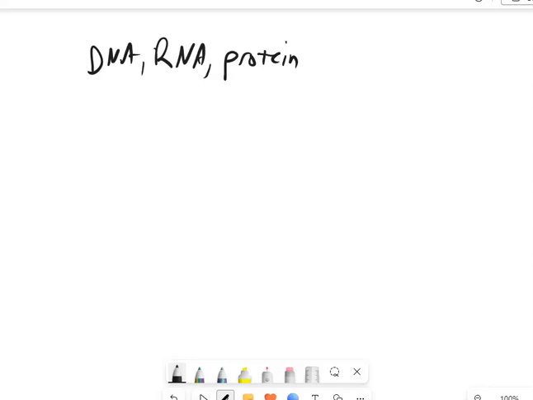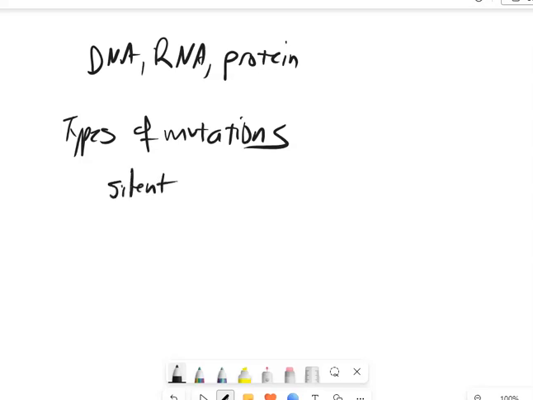And from that, we could look at different types of mutations. In the slides, there's a slide that shows this, and I went through this in lecture, so it's on the audio and everything. But the main thing is there are 5 types of mutations, and you should know what they are and be able to name them if I describe them. Silent is a very common kind of mutation, and then missense is another.